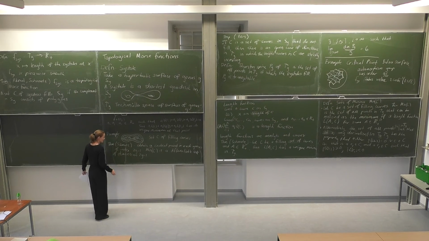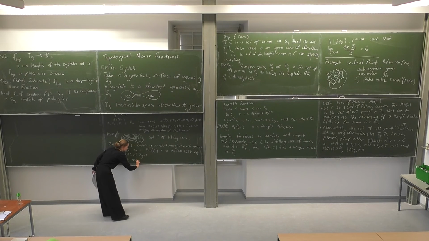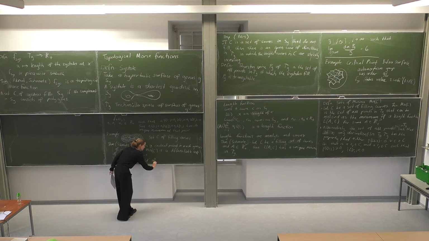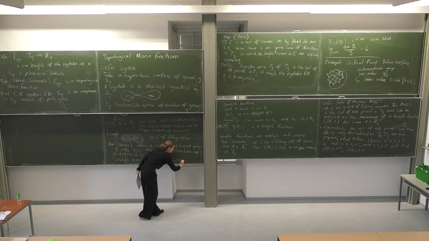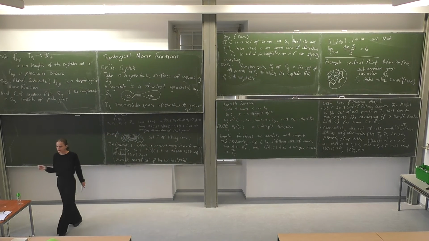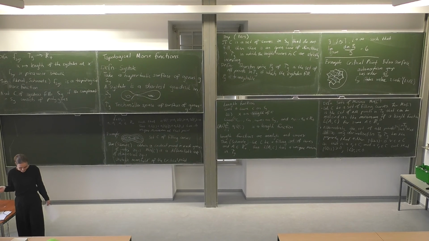And one can think of it sort of as being like the unstable manifold of the critical point. I've got unstable manifold in inverted commas because this is just a topological Morse function.